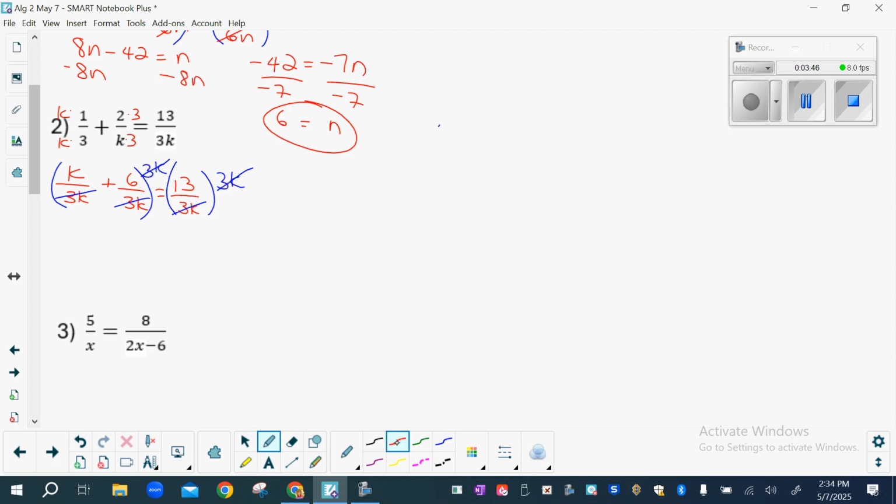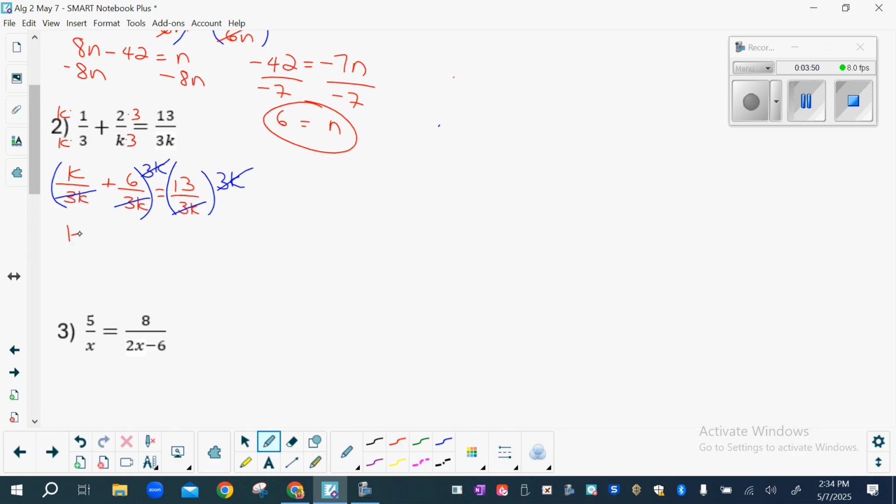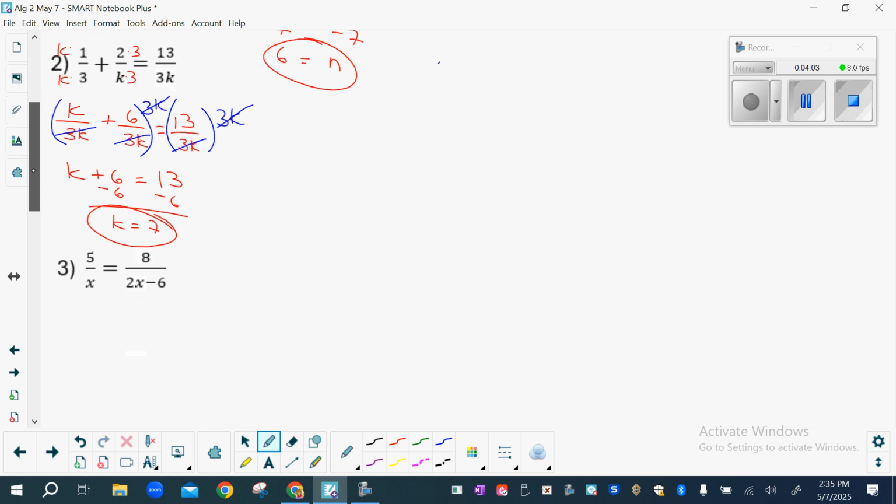So we get k plus 6 equals 13, and minus 6, k equals 7. That's nice when it's simpler like that.